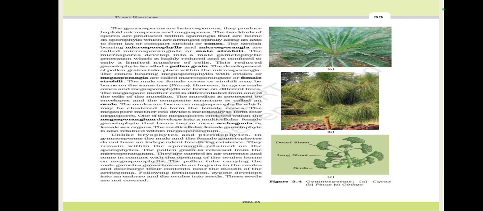The cones bearing megasporophylls with ovules or megasporangia are called macrosporangiate or female strobilia. The male or female cones or strobilia may be borne on the same tree, as in Pinus. However, in cycas, male cones and megasporophylls are borne on different trees.